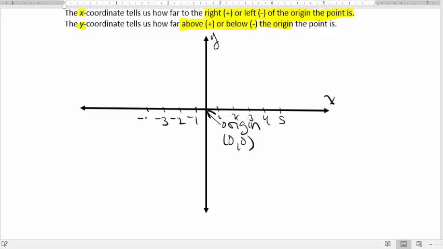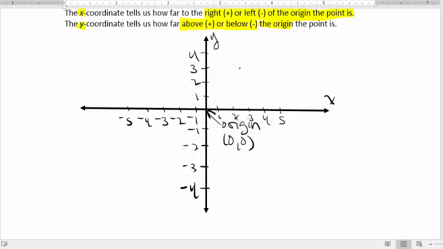So this is your x-axis number line, and then the vertical one is going to be your y-axis number line, and again, it's where they cross, that's 0, and as you go up, that's going to be positive, and as you go down, it's going to be negative. So then what happens is any point that lies in this coordinate plane, you'll name with respect to how far it is to the right or left, and then above or below that origin point, right?